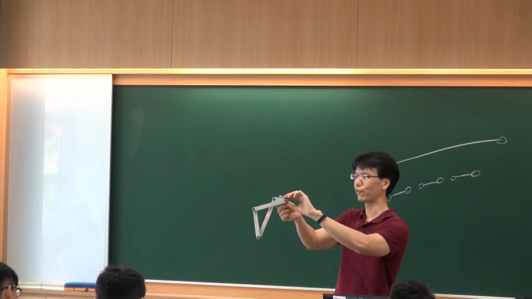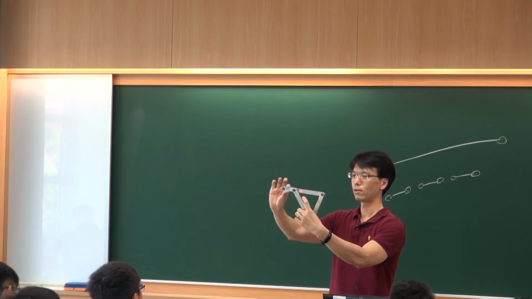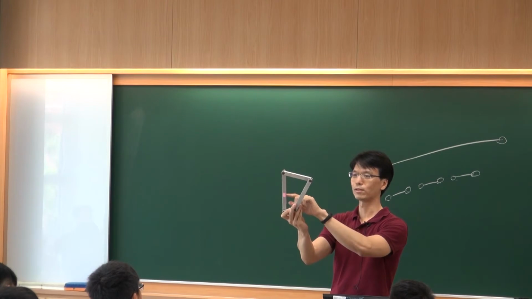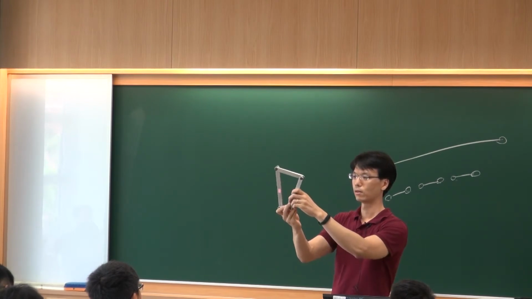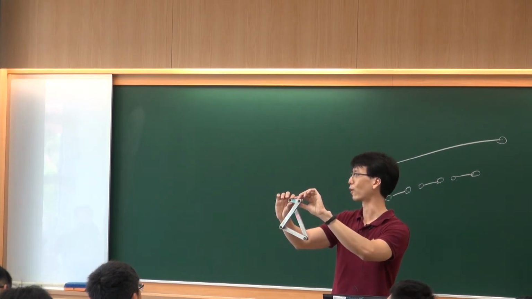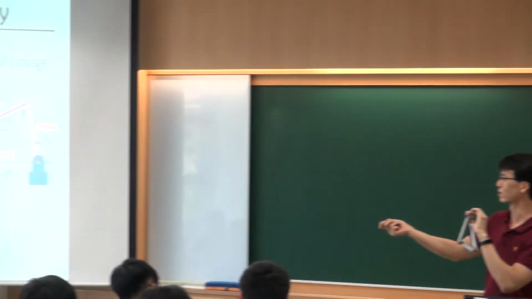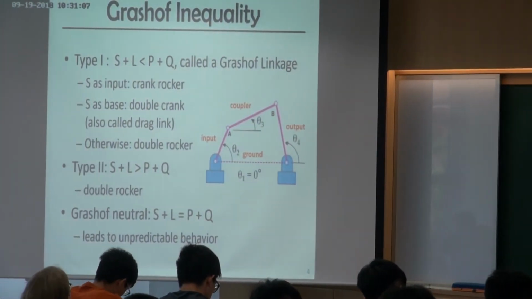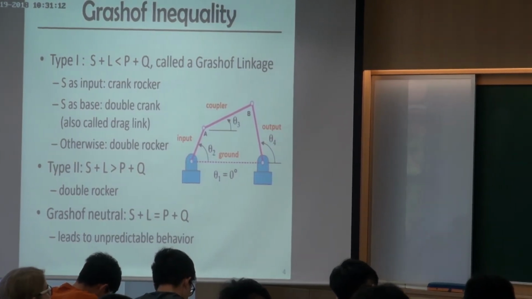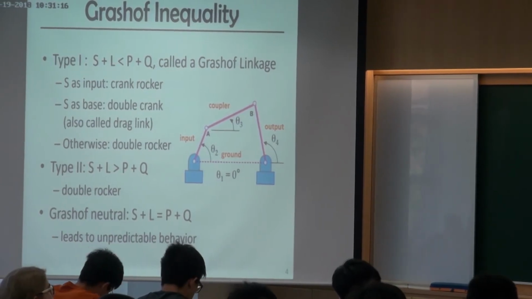You can see if I fix the shortest bar and drive this one, it can do a full rotational motion, and the pink one is doing a rotational motion as well. In this case, we call this mechanism a double crank, or another name is drag link. You can see this term in the textbook. It's called double crank because both the input and output can perform a full cycle rotational motion.